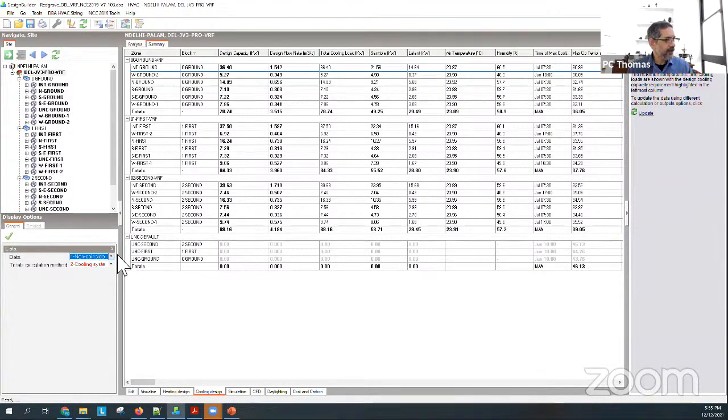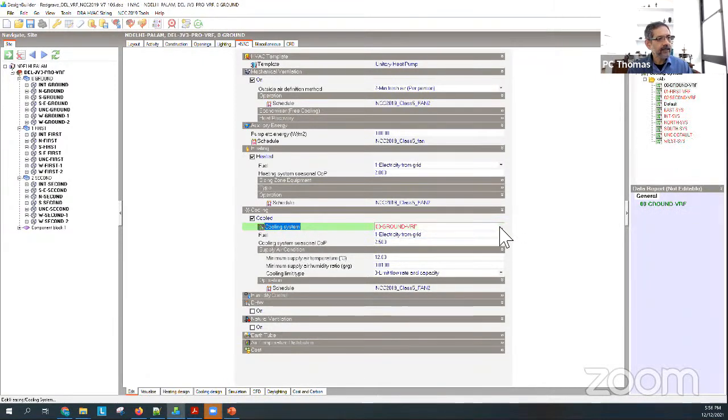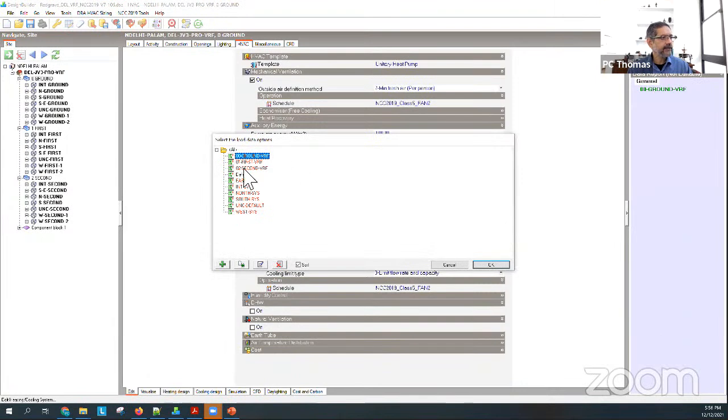Now, I didn't show you one thing, and that is how to set this up system-wise. That's actually not too difficult at all. I went to the ground floor there, and you can see here the cooling system. Over here, I created a series of systems.